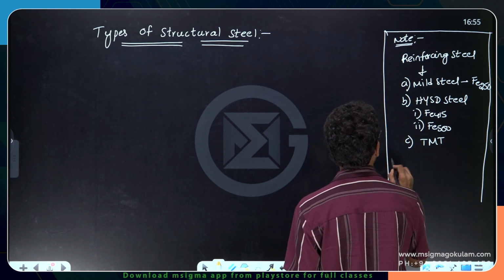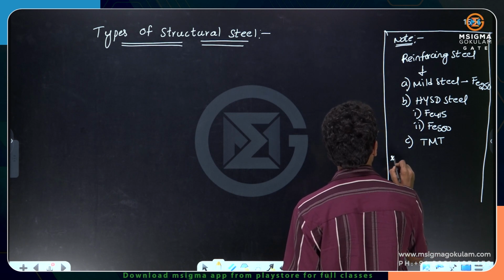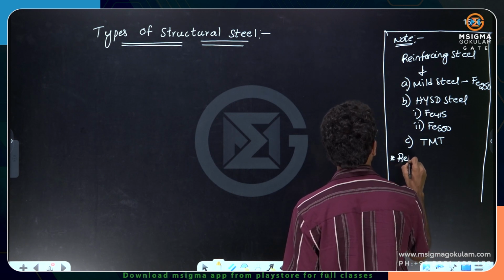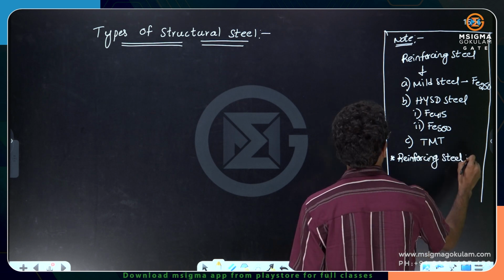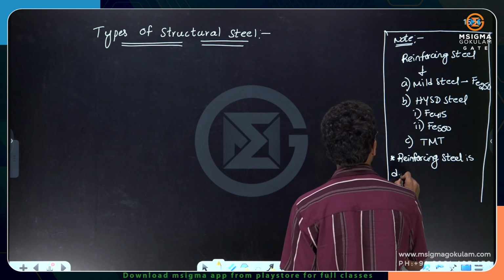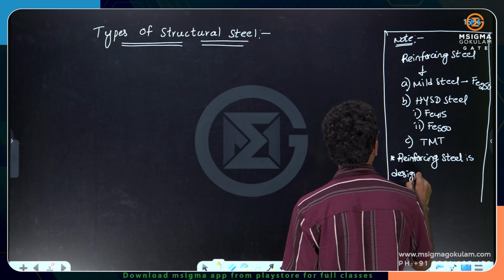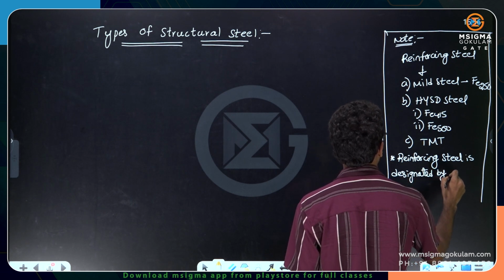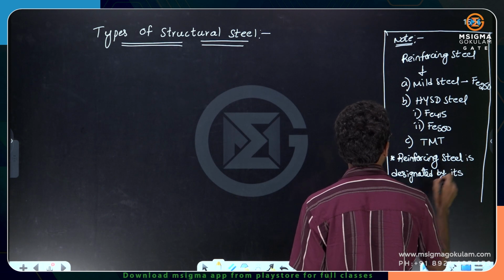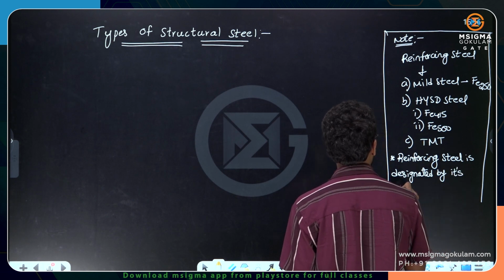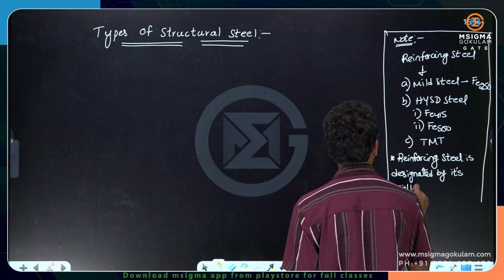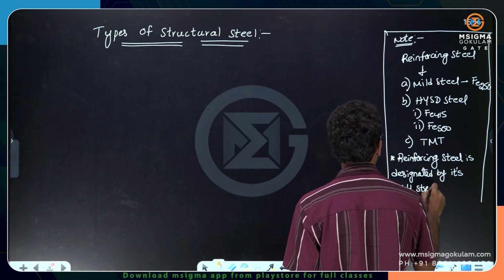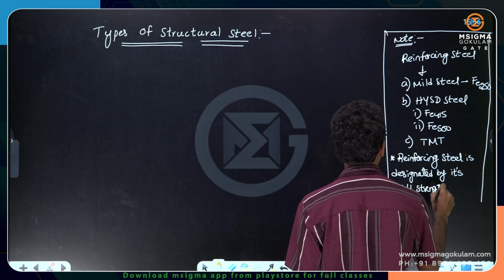And how to designate reinforcing steel. A very important point is that reinforcing steel is designated by its yield strength.